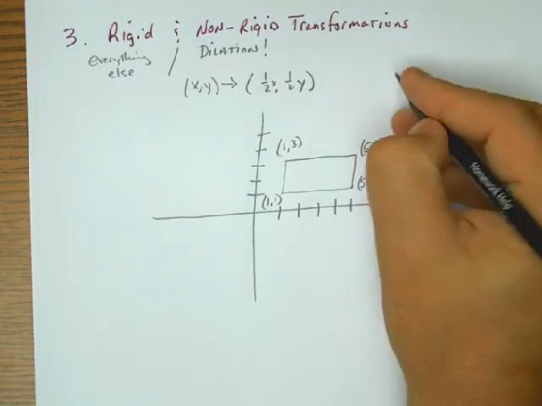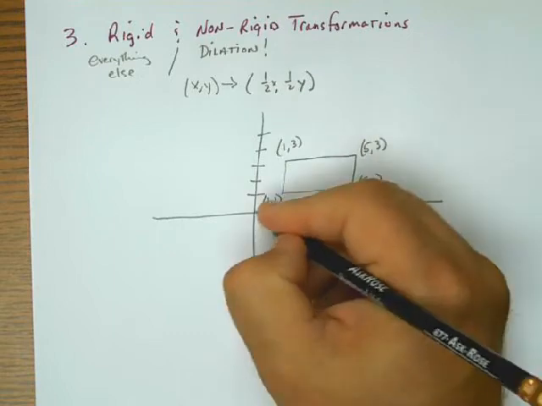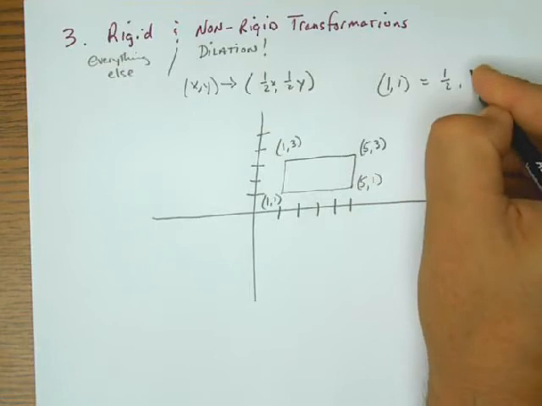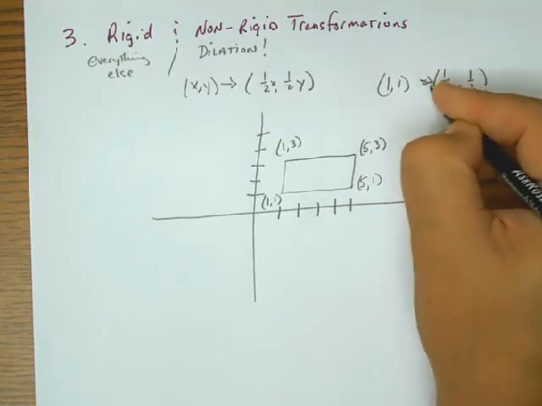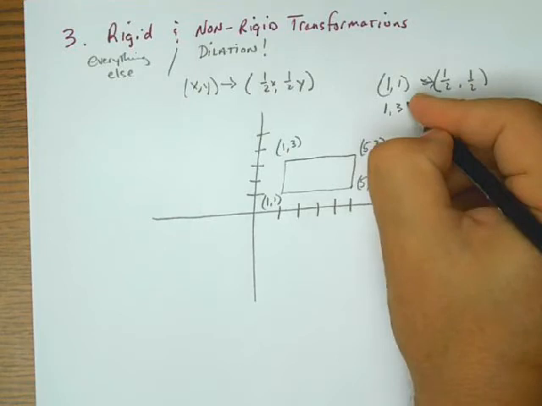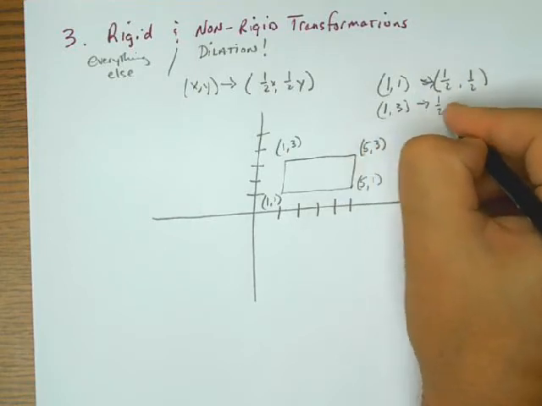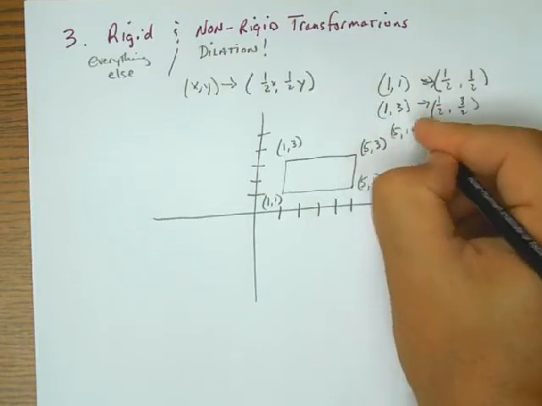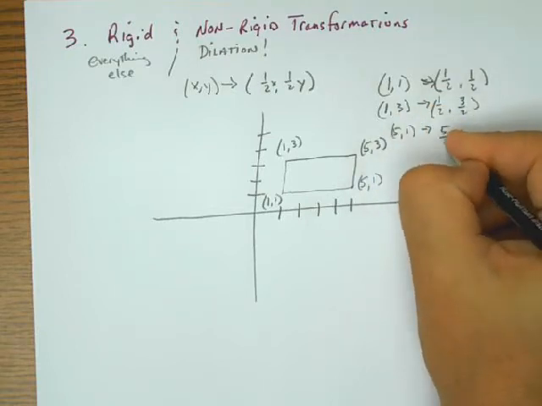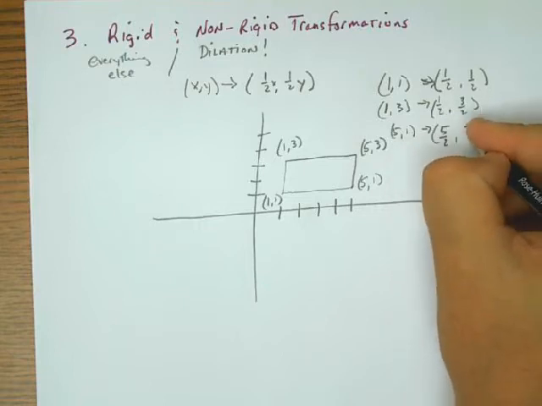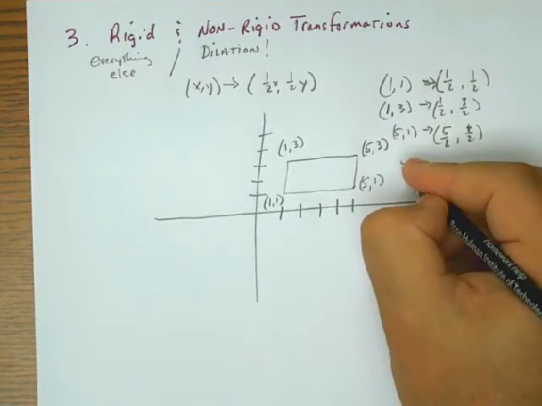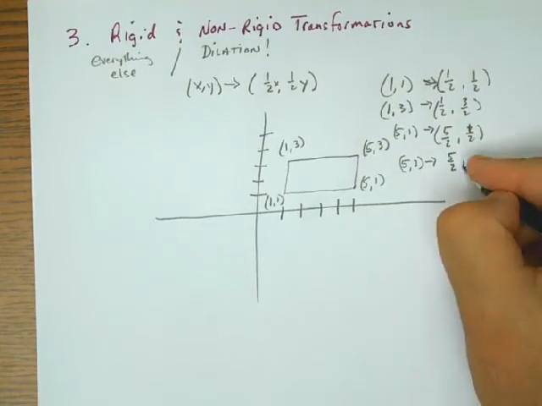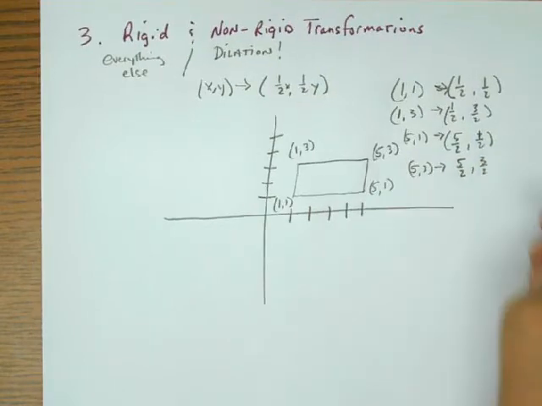Well, we take each point: 1, 1 becomes 1/2, 1/2. 1, 3 becomes 1/2 and 3/2. 5, 1 becomes 5/2 and 1/2. And 5, 3 becomes 5/2 and 3/2. All right, now let's graph those.